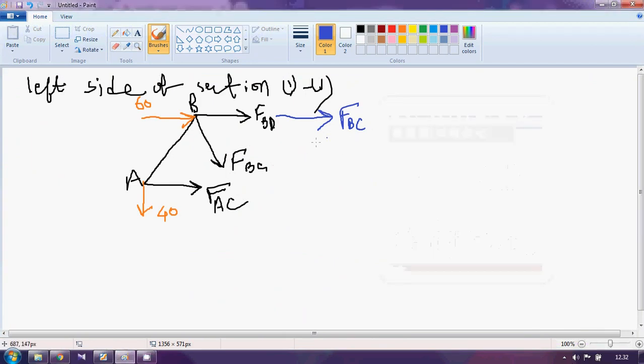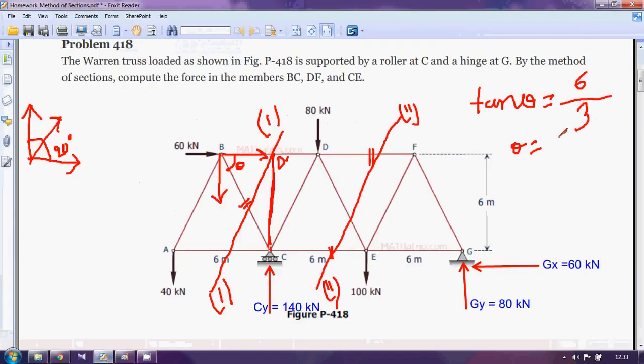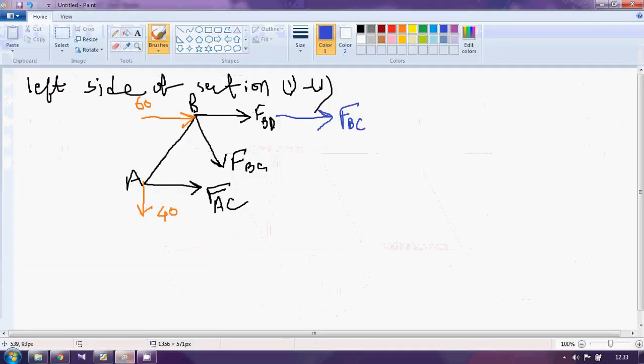So this angle will be 63.43 degrees. How much? This angle theta is 63.43.